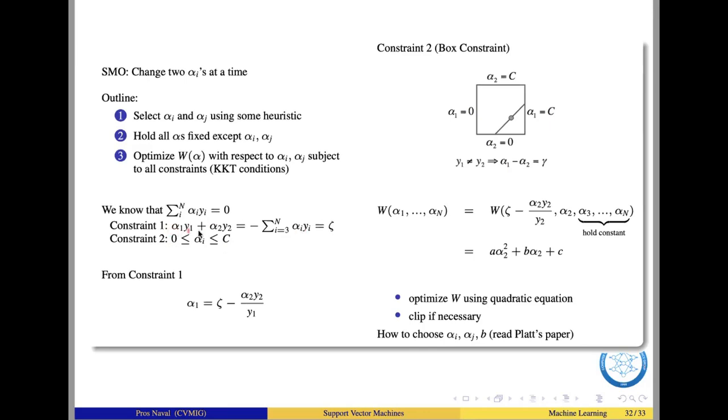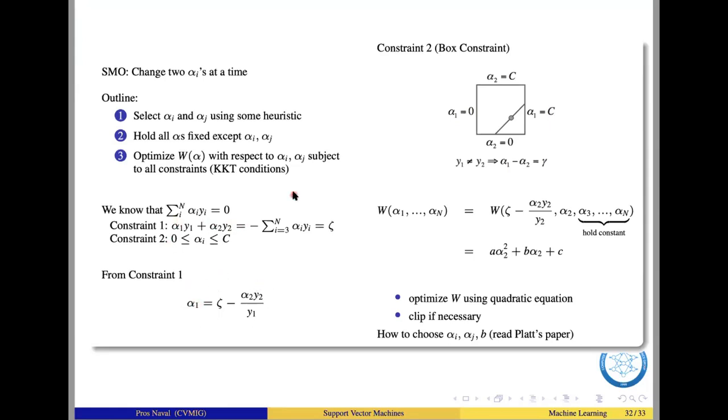Now, for constraint 1, alpha 1 y1 plus alpha 2 y2 is equal to psi will give us the following. Just a little bit of algebra will give us alpha 1 is equal to psi minus alpha 2 y2 over y1. So that's now the formula that we will use from this constraint.